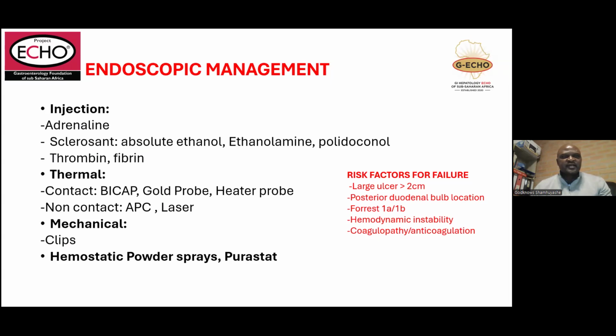There's injection of adrenaline, of which adrenaline is not used as a monotherapy. You use it with another modality. Sclerosants have fallen off now in terms of peptic ulcer management because other modalities have been found to be more effective. There's also use of thrombin or fibrin. And you have your thermal options, which are of the contact type, where you can use the gold probe or heater probe, and also the non-contact, your APC and laser.